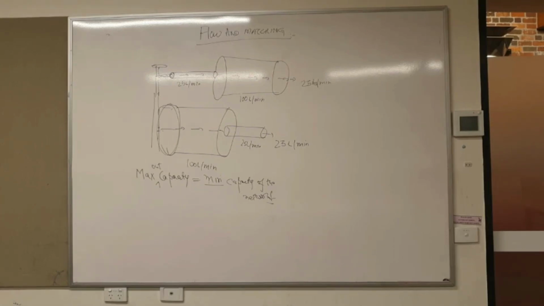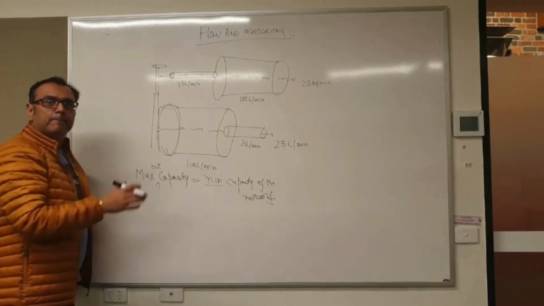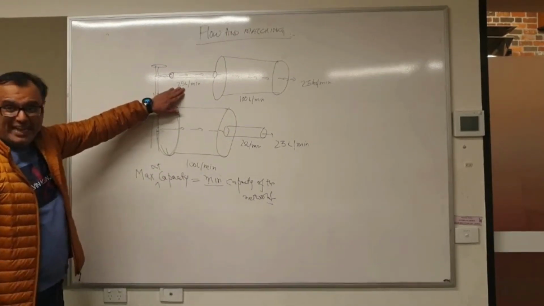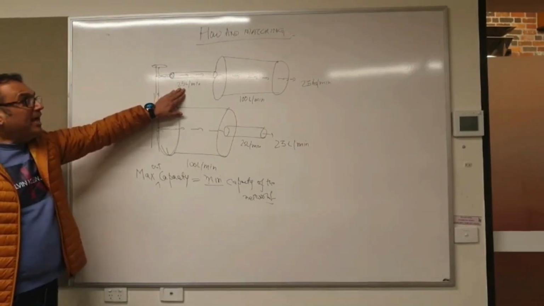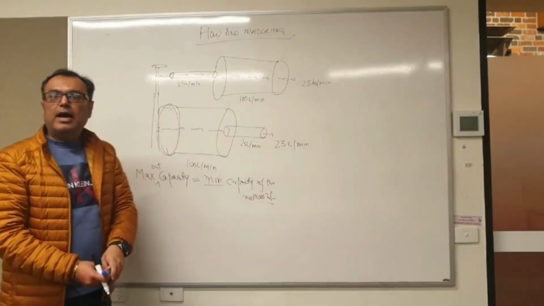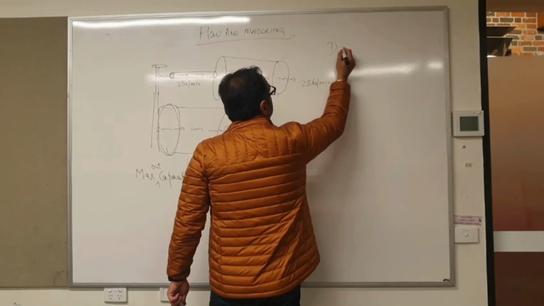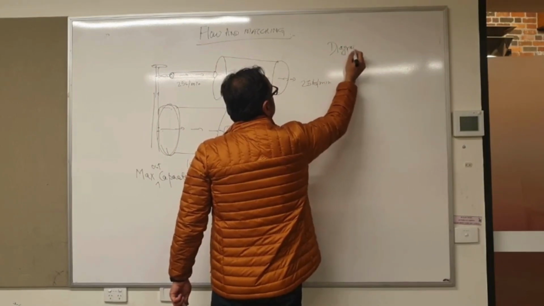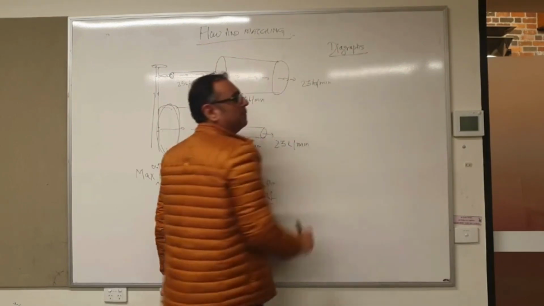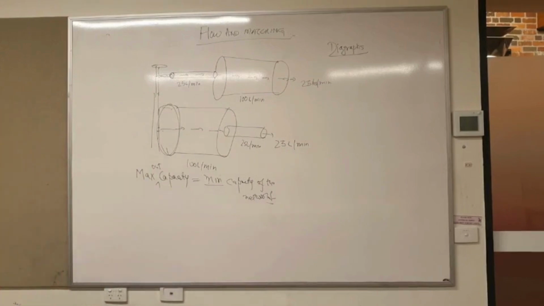Now, when you have a diagram which has weights in it and a direction as well, I call them directed graphs, right?